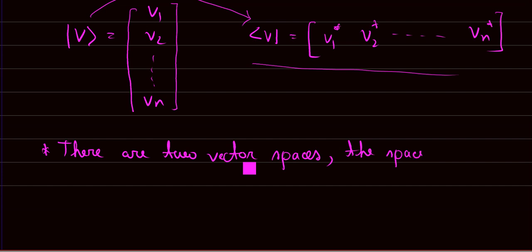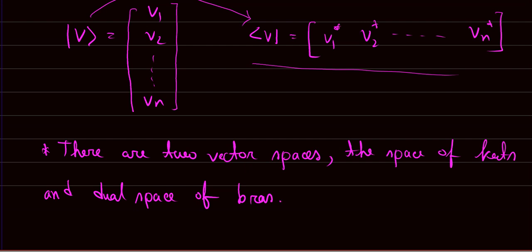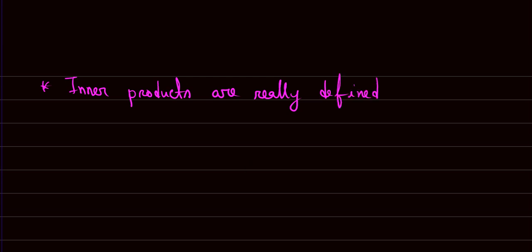The first one is the space of kets, and the second one we call the dual space of bras. So inner products are really defined only between bras and kets. This is called the Dirac notation.